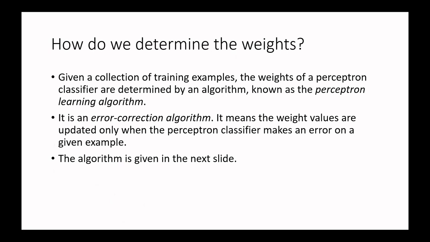As I mentioned earlier, this perceptron classifier was proposed somewhere around 1955 or close to that. It was suggested that if we follow this algorithm, we can actually learn these weight values. So it's about a 70-year-old algorithm.